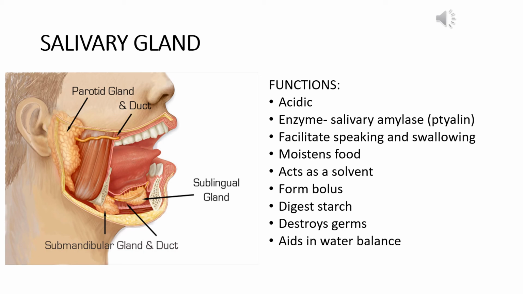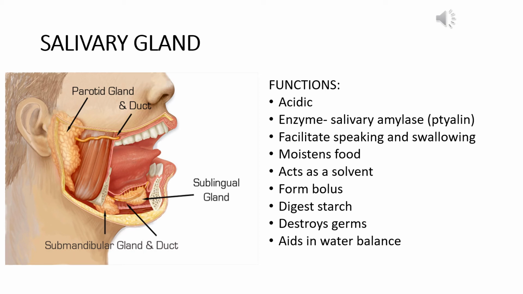So the first part of digestion starts only in the mouth, and the first food particle to be digested is the carbohydrate. The digestion of fat and protein does not start until the food reaches further parts of the digestive system.